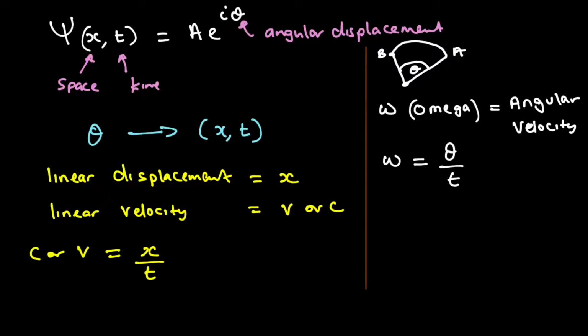Just like you have linear displacement over time to give a linear velocity, you have angular velocity equals angular displacement over time. So we can rearrange and make angular displacement equals angular velocity times time.